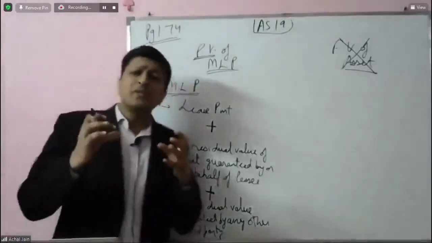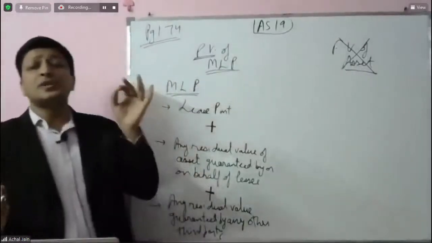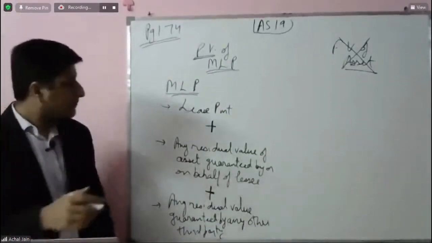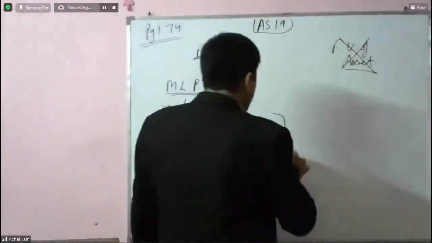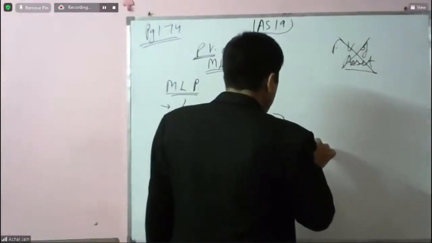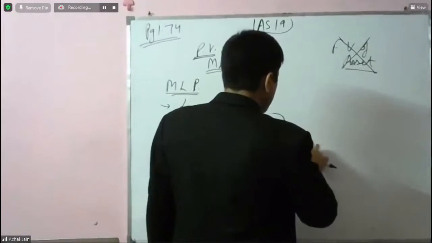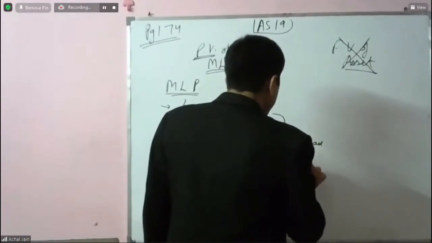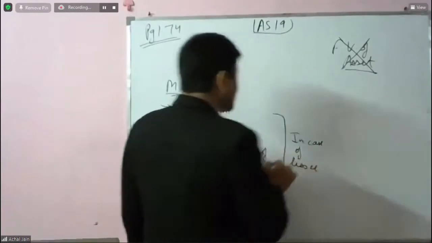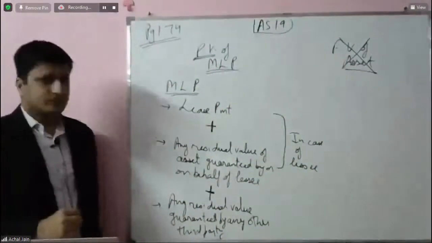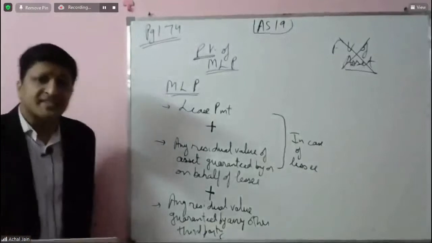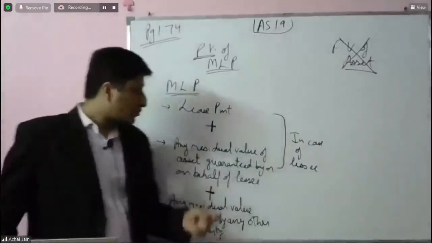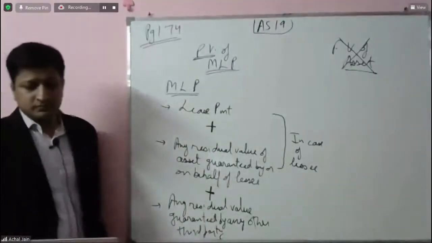Whenever you will be checking the MLP from the perspective of lessee, you will add these two. Means for a lessee, when you will check what is the MLP, you will add these two.